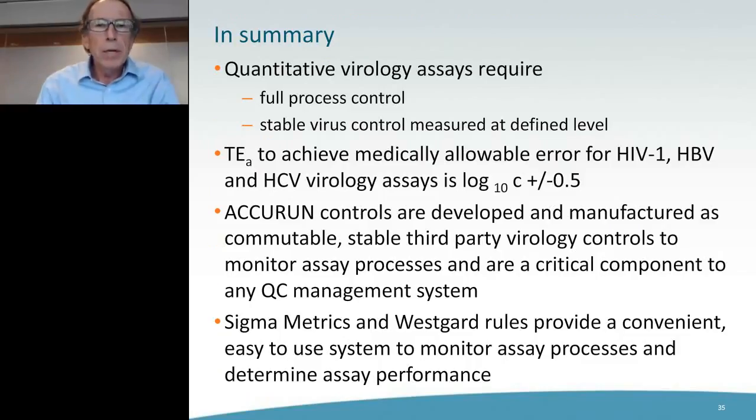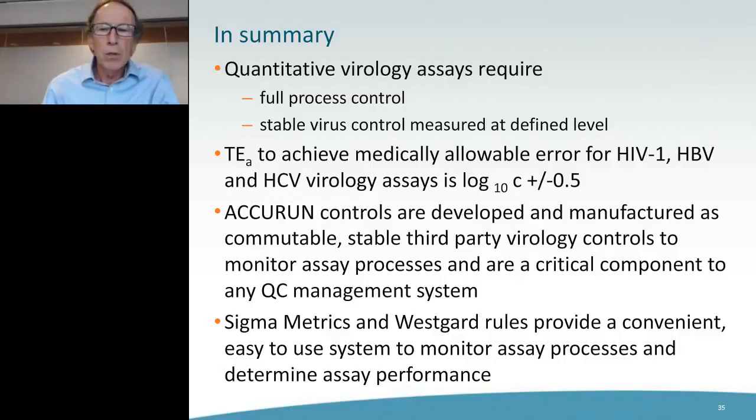So in summary, we've talked about quantitative virology assays and how they require full process controls. We at SeraCare go to extremes to use stable viruses manufactured at defined levels to support your QC. From the metrics, total allowable error is something you need to know, and the medically allowable error for HIV, HBV, and HCV is 0.5.